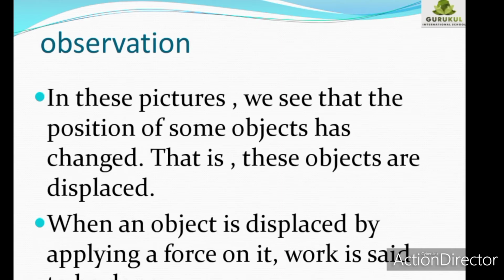So we can say that when any object is displaced, when it is changing its position, by applying a force on it, the work has been done. So children, we are also doing a lot of work in our day-to-day life, correct? We are performing various actions on various objects. At that time, the objects are changing their places. They are showing displacement when we are applying a force on them. So we can say that at that time, we are doing work. Work has been done on that object.